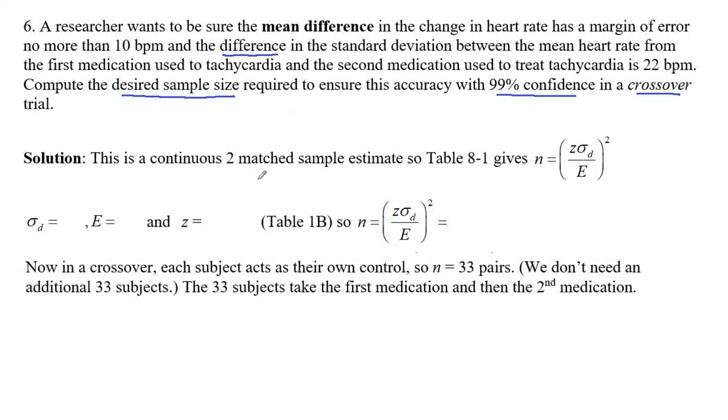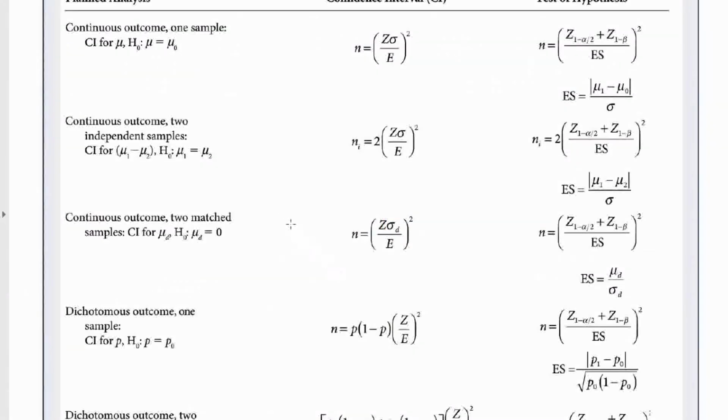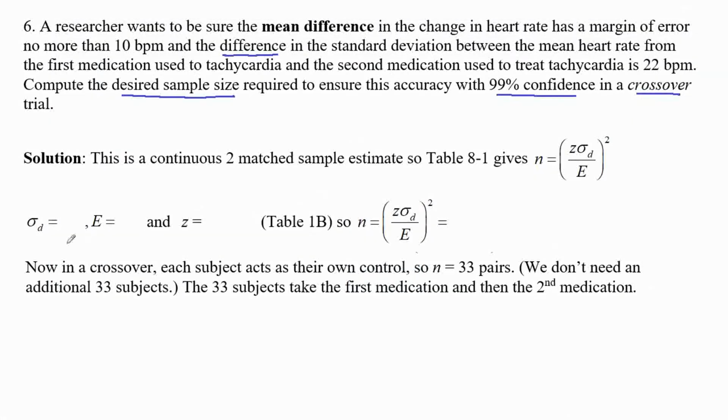This is not dichotomous. So table 8.1 will give the sample size formula: z times the standard deviation of the differences over the margin of error, and that whole thing squared. So that is here. This is table 8.1. We have got continuous 2 matched samples here. We are using a confidence interval, so that is this formula here. So that's the formula that I'm using. The standard deviation of the differences.